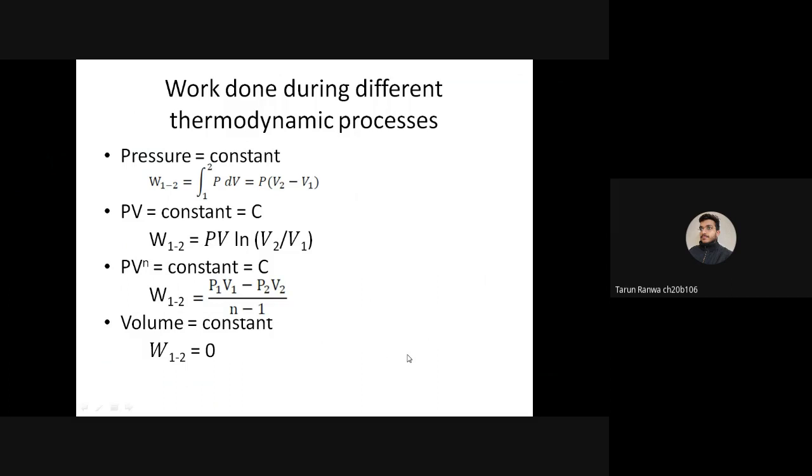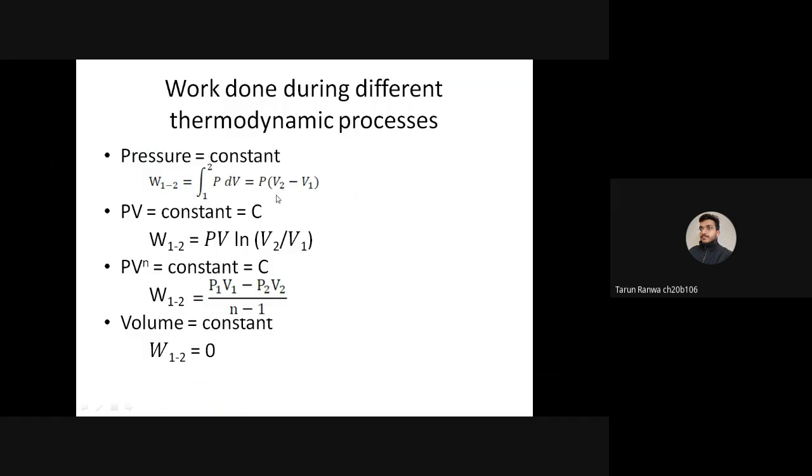Now, work done during different thermodynamic processes. First, the process where pressure is constant. We can write the work done during the process where the state goes from 1 to 2 as the integral of P dV from 1 to 2.